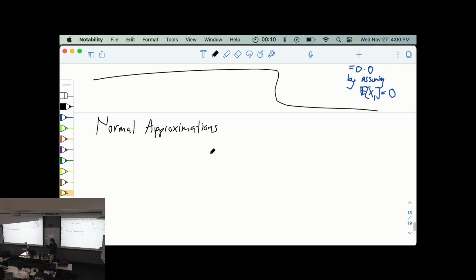But always, when you do a normal approximation, what you're going to do is say, take a random variable. Let's call the random variable x. And you say x is approximately the normal distribution with mean. What should the mean be? Well, it should be whatever the mean of x is.